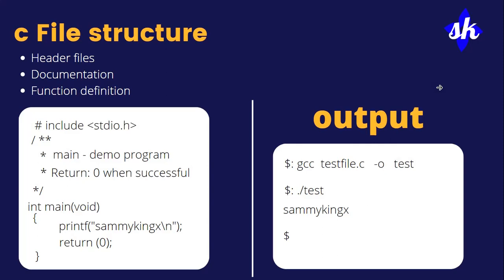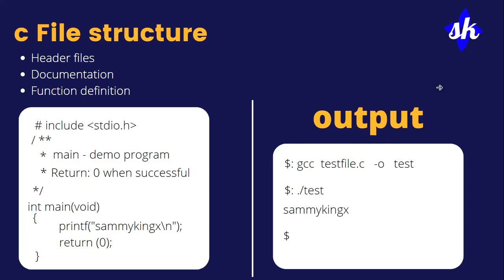If I pass in the flag -o to my GCC command, I'm telling GCC that after you're done linking, instead of saving this executable file in a file called a.out, I want you to save it in a file called test. So once this particular line is executed, I will have an executable file called test.